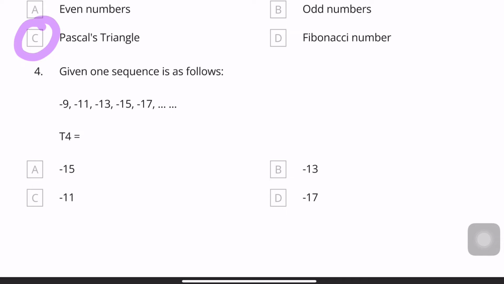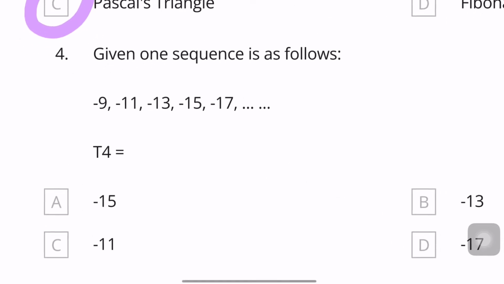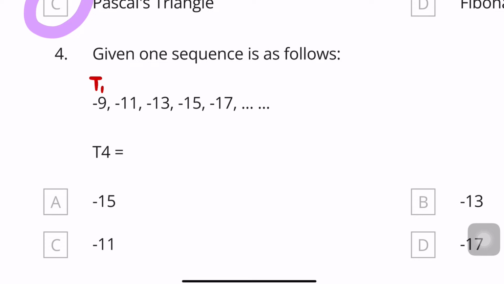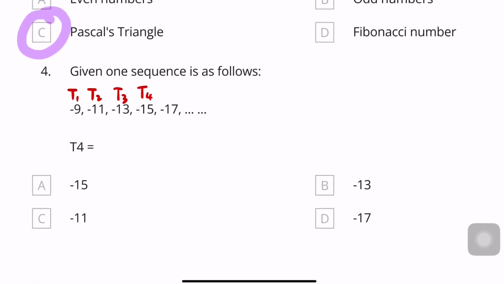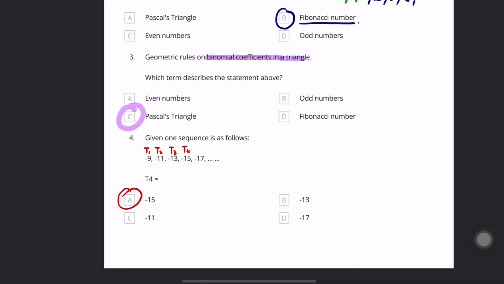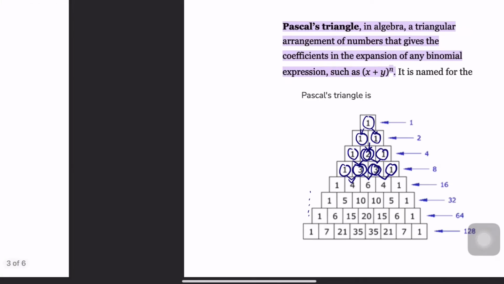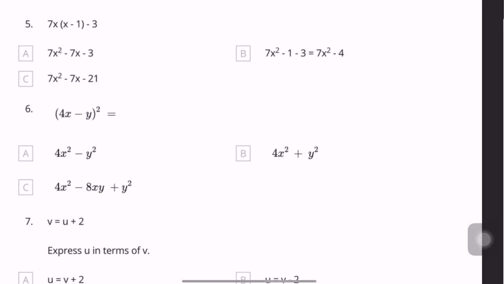From this sequence, -9 is the first term, -11 is the second term, T2, -13 is the third term, and -15 is the fourth term. So we know that T4 is equal to -15. Let's proceed to number 5.